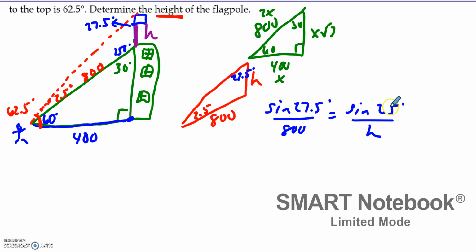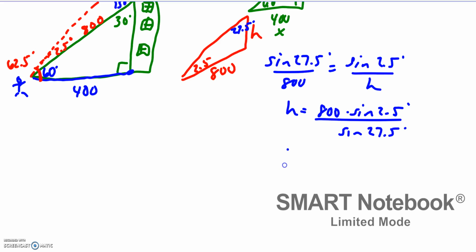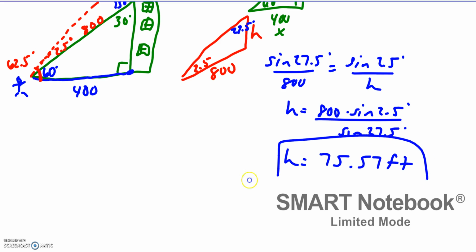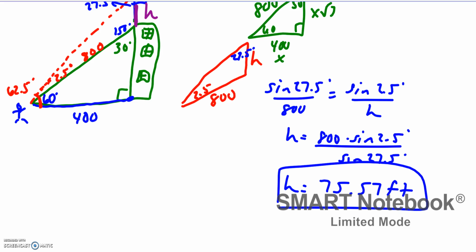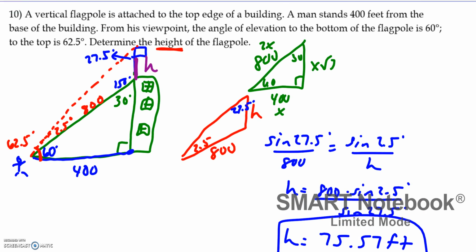So if I cross multiply and solve, I would have 800 times the sine of 2.5 degrees divided by the sine of 27.5 degrees. And if you plug that into your calculator directly, you would get that the height is 75.57 feet. The flagpole is 75.57 feet above the building.